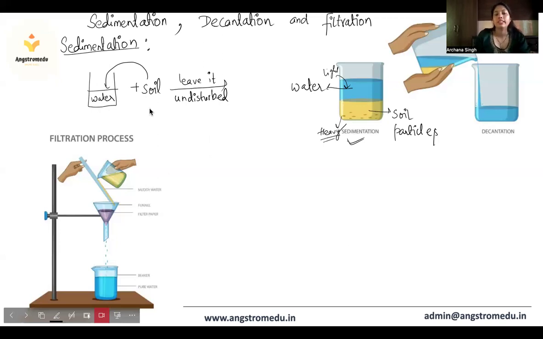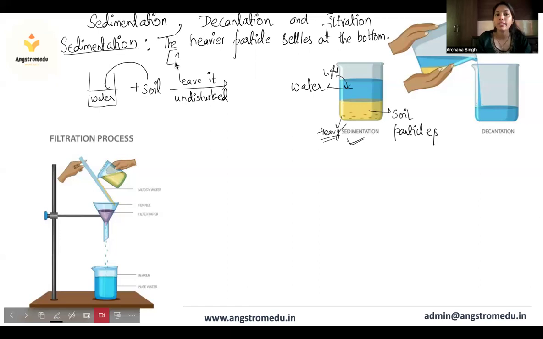So in sedimentation, the heavier particle settles at the bottom. And what do we call this heavier particle?